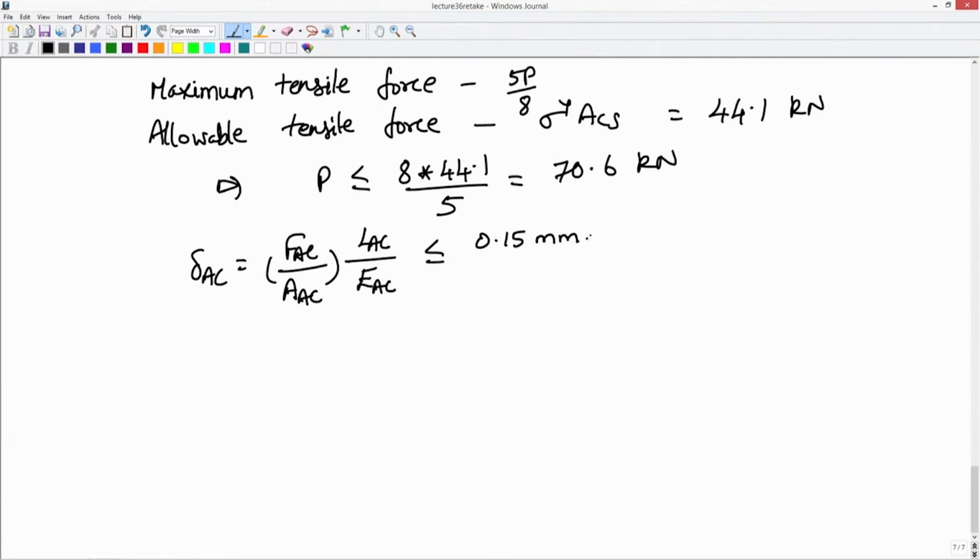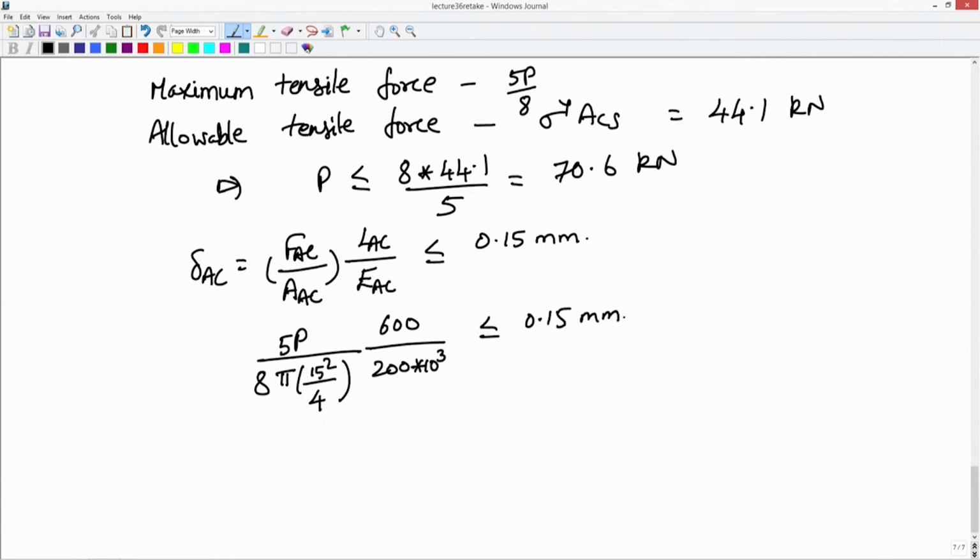I know FAC is 5 P by 8, I know the area of AC is pi 15 square by 4, the length of AC is 600 mm, because it was 0.3 plus 0.3, divided by Young's modulus, 200 into 10 power 3 MPa. I am using all the units in millimeters, so I have to use MPa for the Young's modulus. This has to be less than or equal to 0.15 mm.